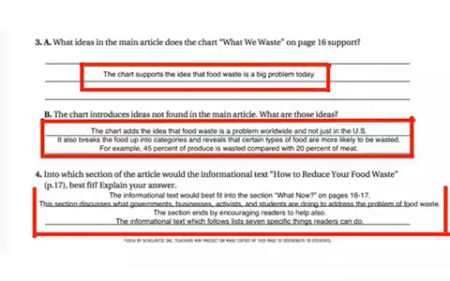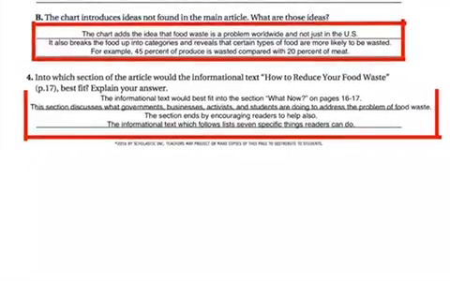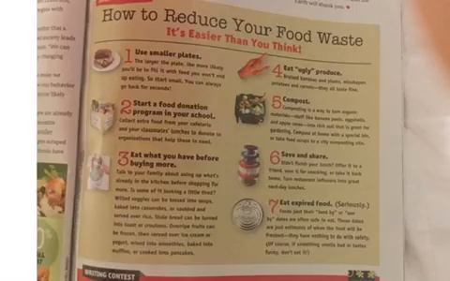All right, let's go ahead and look at number 4. Into which section of the article would the informational text, "How to Reduce Your Food Waste," best fit? Explain your answer. Okay, so let's look at how to reduce your food waste. On page 17, I took a look at this and I skimmed through, and it's a solution to an article that talks about a big problem.